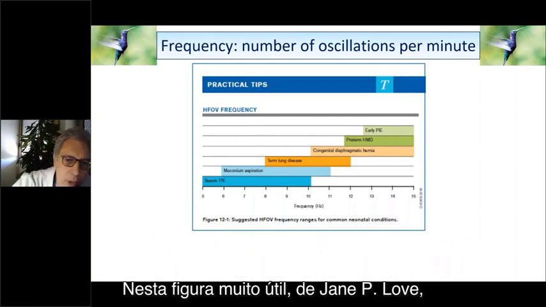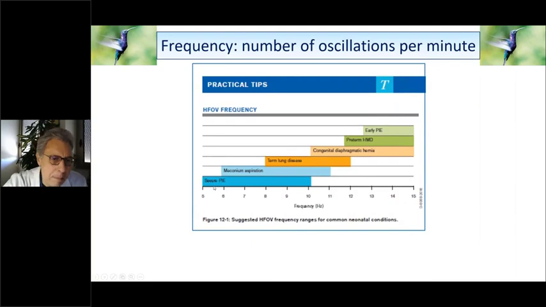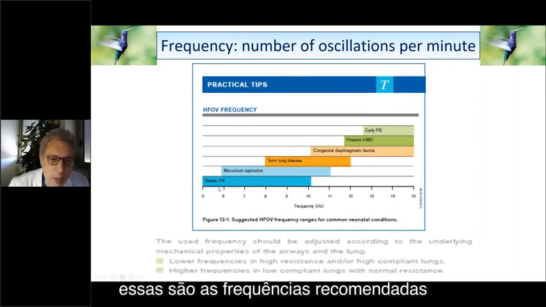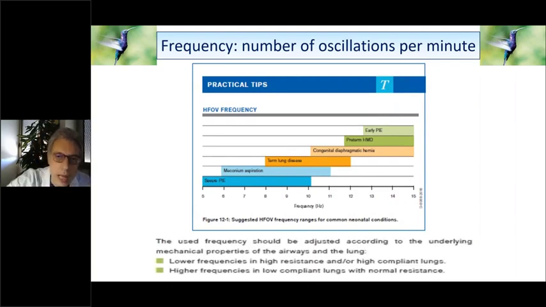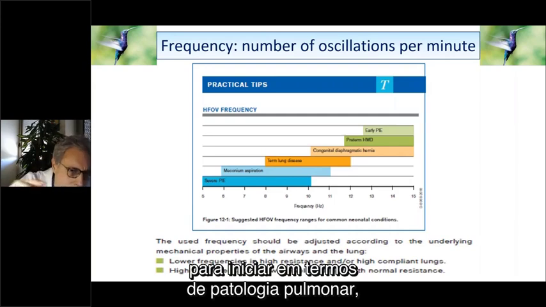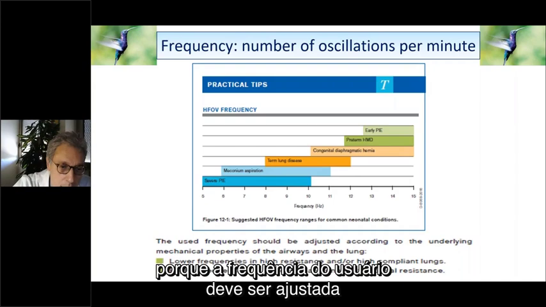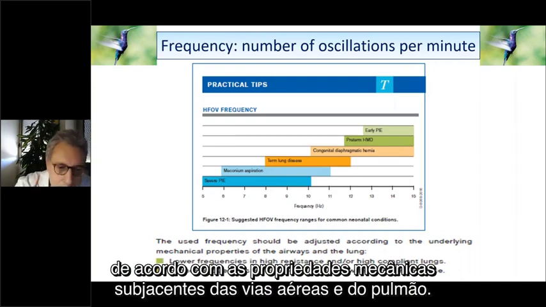And in this very useful figure by Jane Pillow, these are the frequencies recommended to start in terms of lung pathology, because the frequency should be adjusted according to the underlying mechanical properties of the airways and the lung.